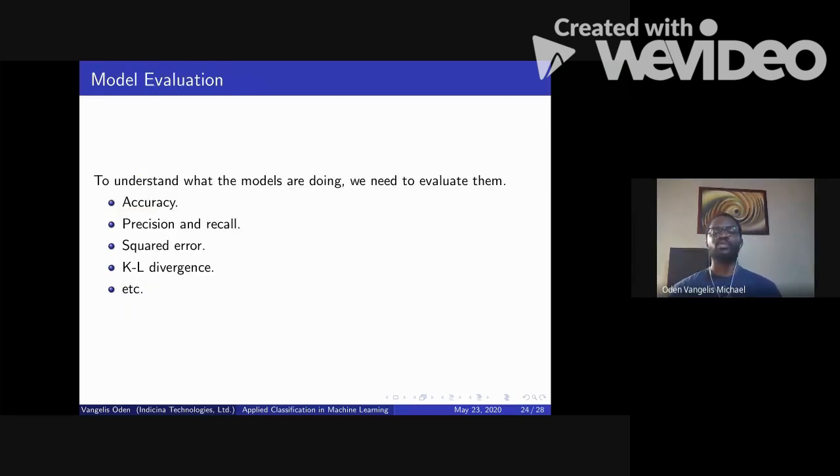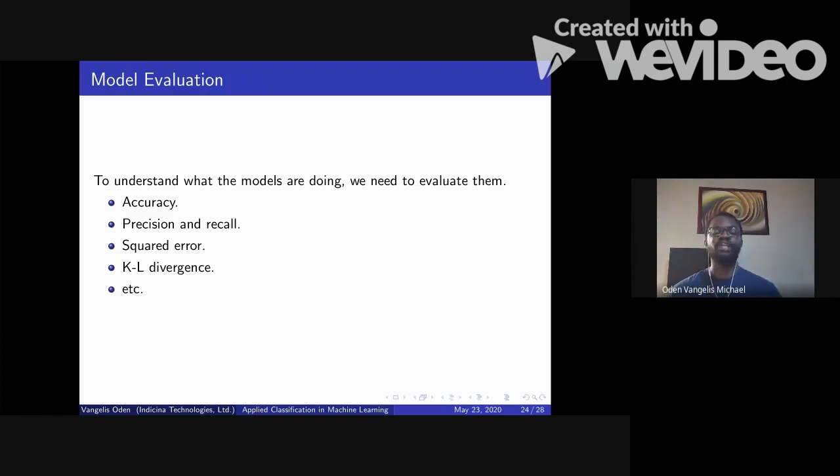How do we know the algorithm has learned, or the model has learned well? We go to the evaluation part, and in the evaluation we understand what the models are doing, and we try to understand how they learned. So we use metrics like accuracy, precision and recall, squared error.